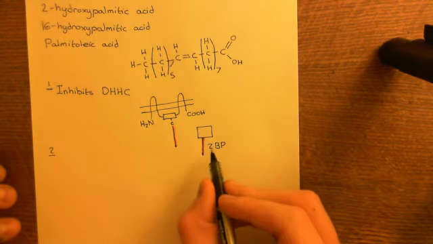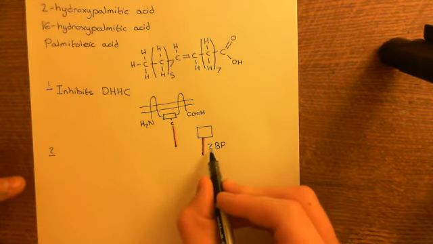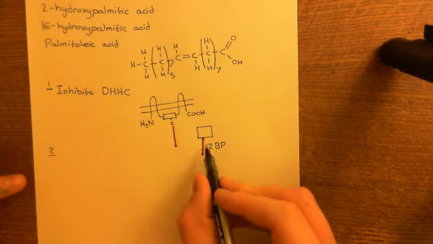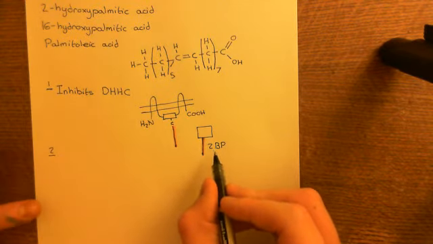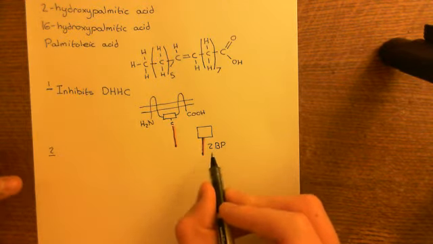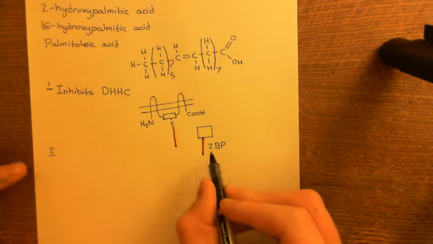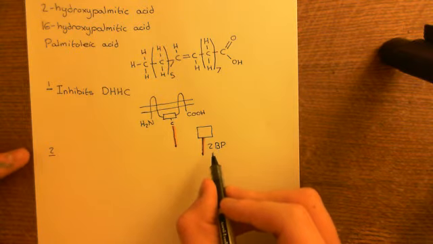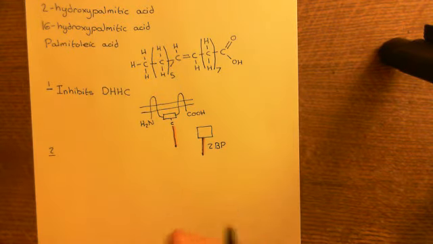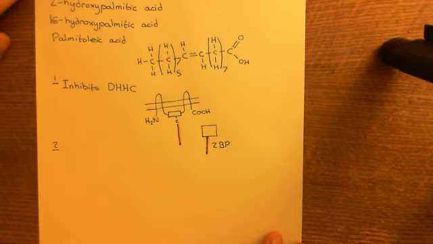So the idea is that you do still add the 2BP molecules on, but they don't function at all like they should. And they block normal palmitoyl groups being added onto the proteins, and that is how they block palmitoylation. So they're effectively a competitive inhibitor for the palmitic acid molecules. They're put on instead, and they don't do what the normal palmitic acid molecules would do.